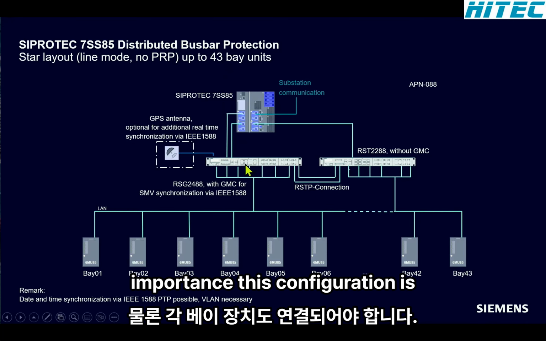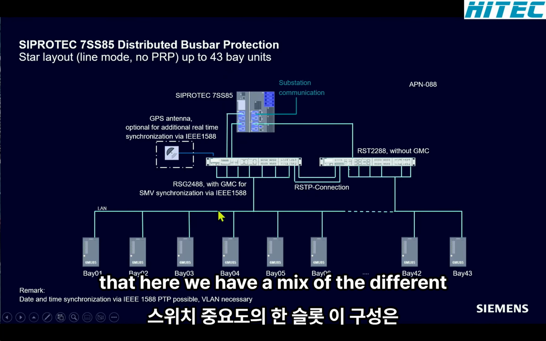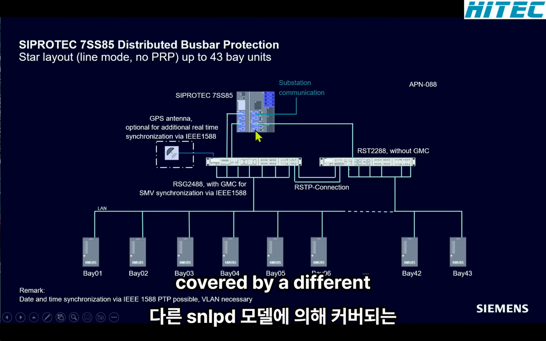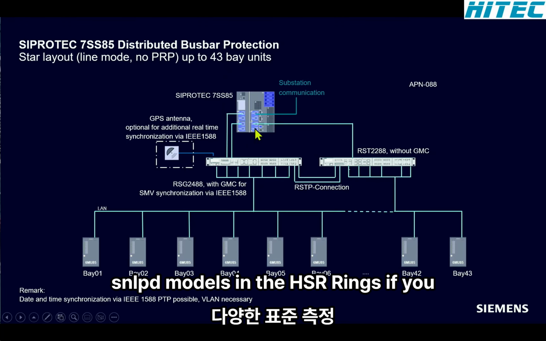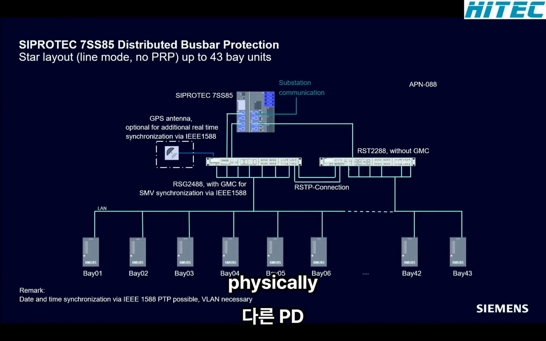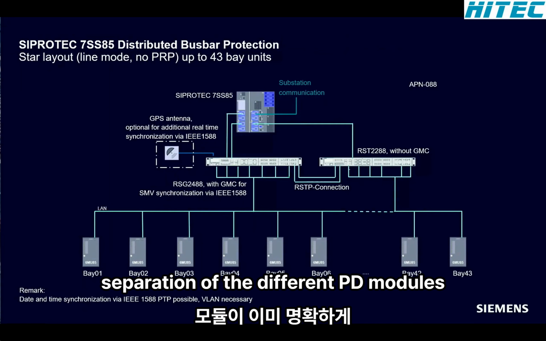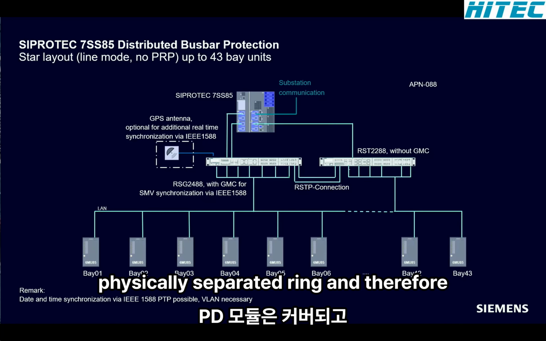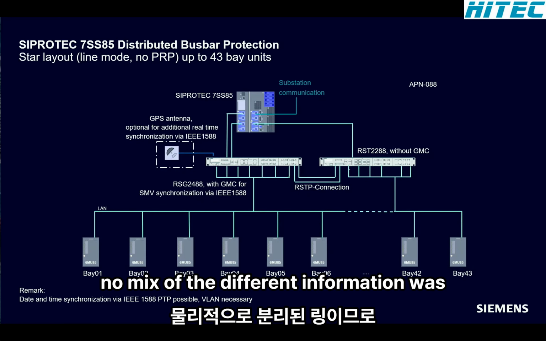Important in this configuration is that here we have a mix of the different standard measured values which should be covered by different Ethernet BT modules. In the HSR rings, if you remember, we have already a clear physical separation of the different BT modules. Each BT module has been covered by a physically separated ring, and therefore no mix of the different information was possible.